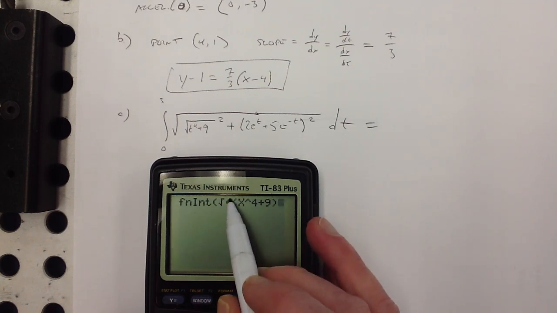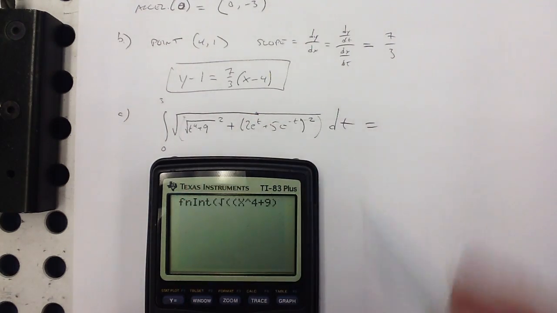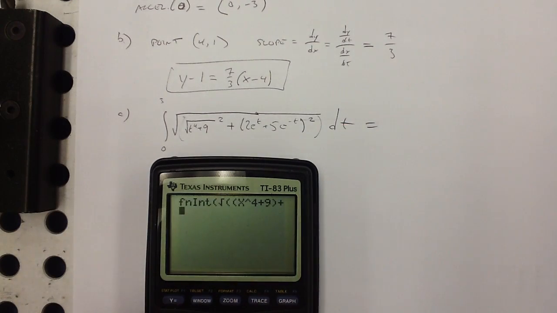This parenthesis just opens the big square root sign. Now plus 2e to the t plus 5e to the negative t.